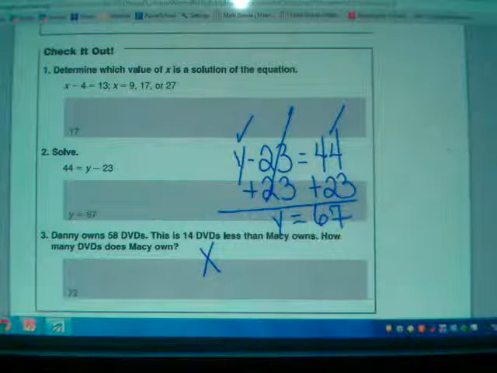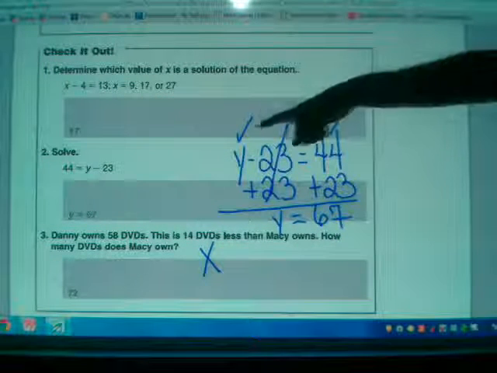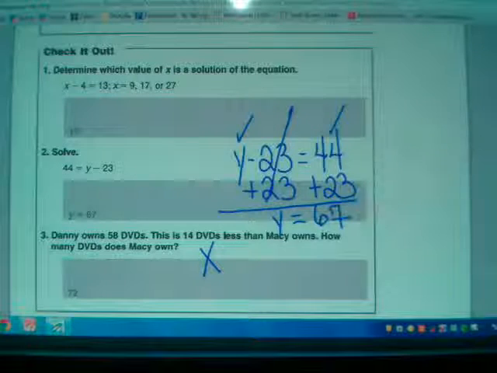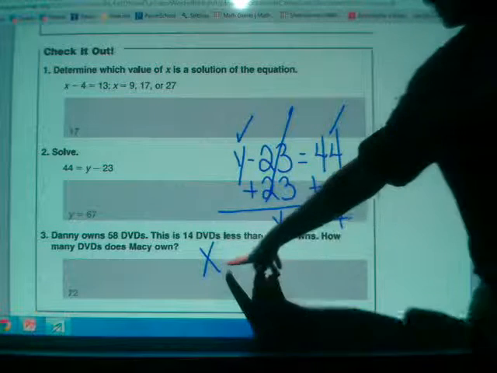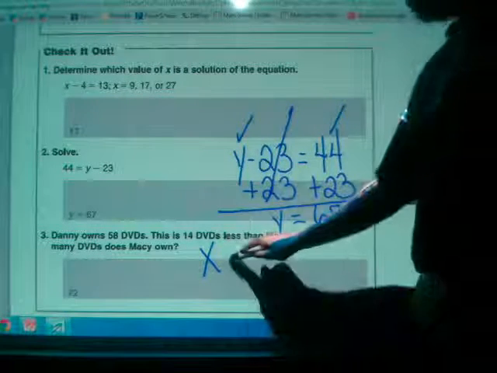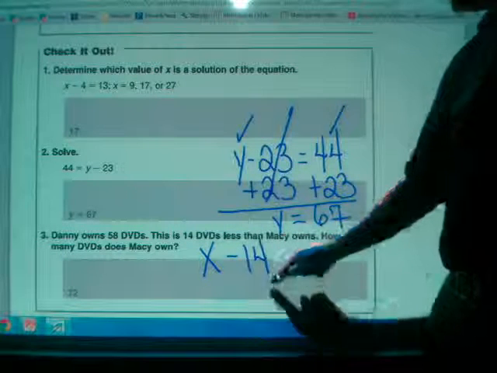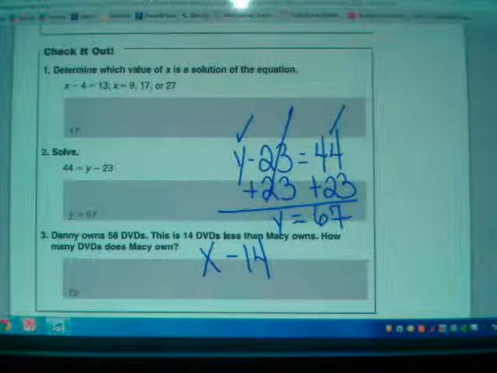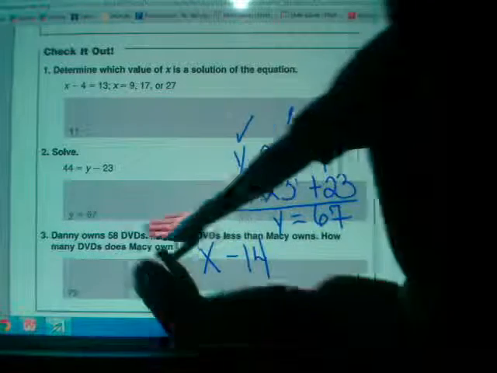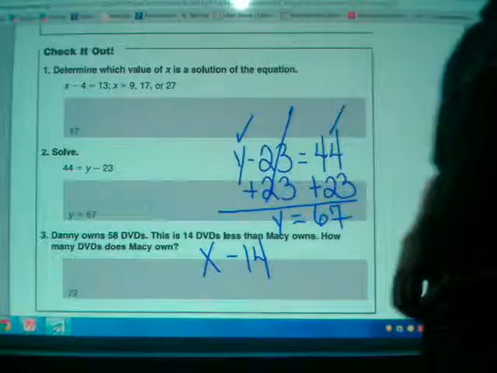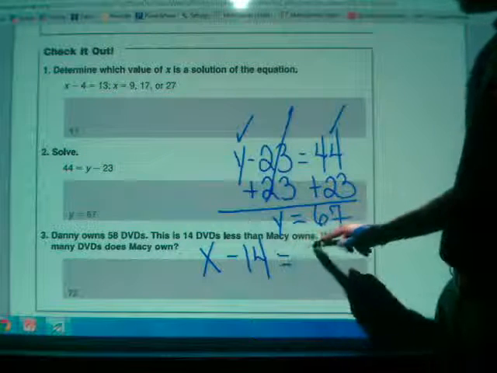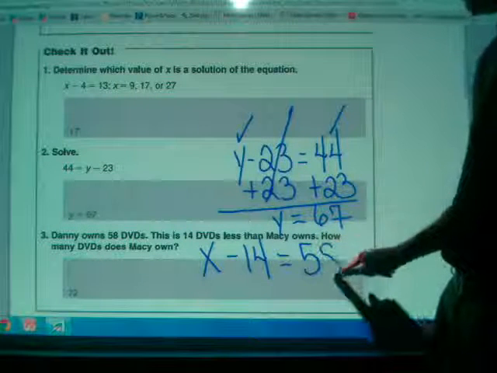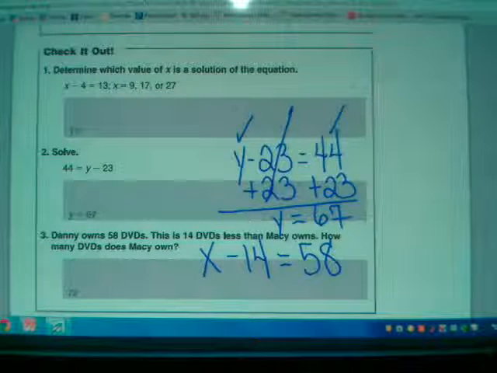It's 14 less for Danny. 14 less than Macy, that is. Well, 14 less than X would be X minus 14 as an expression. And we know that X minus 14 is equal to 58 because that's the number that Danny owns. So the equation that we're solving here is X minus 14 equals 58.